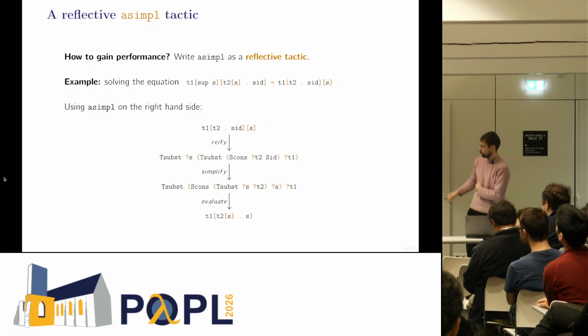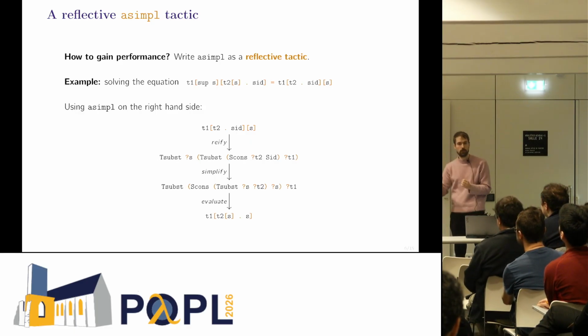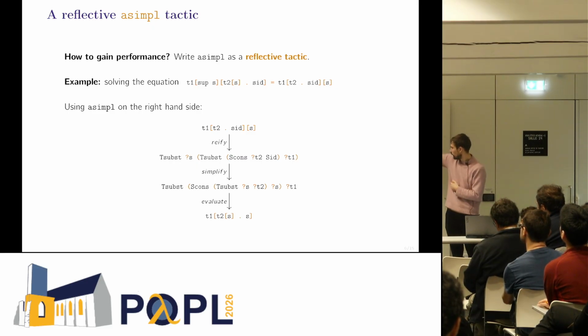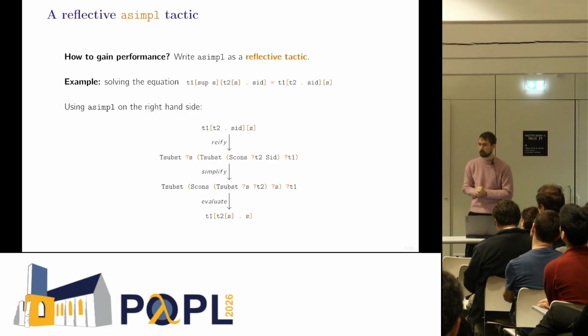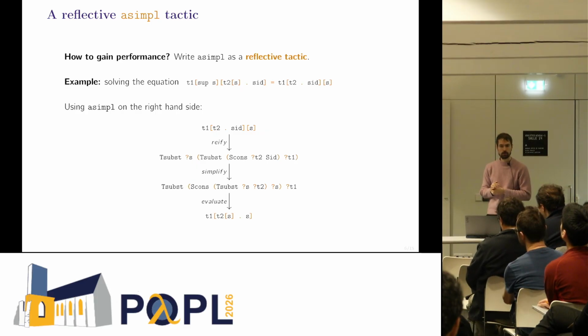So the first step would be to change from this concrete syntax, where substitution is a function and identity is a function, to something where you replace functions with constructors. So it's a different syntax where you've made many things more explicit. For instance, tsubst represents the application of a substitution to a term.